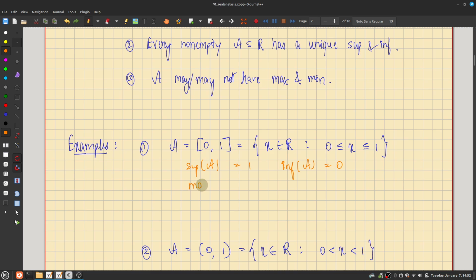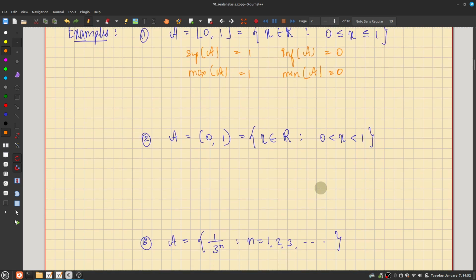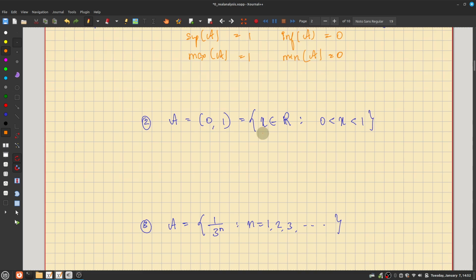Maximum is 1, and the minimum is 0. Similarly, in this case, what is the supremum? It's 1. The infimum is 0. What is the maximum? There's no maximum. Is there a minimum? There is no minimum.